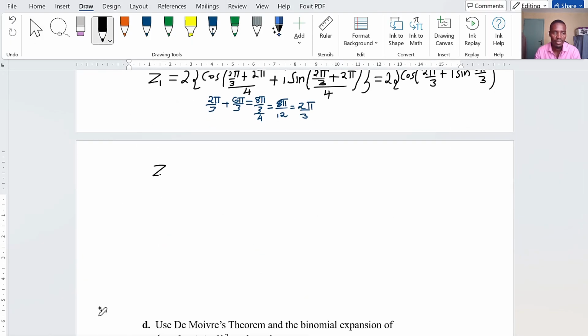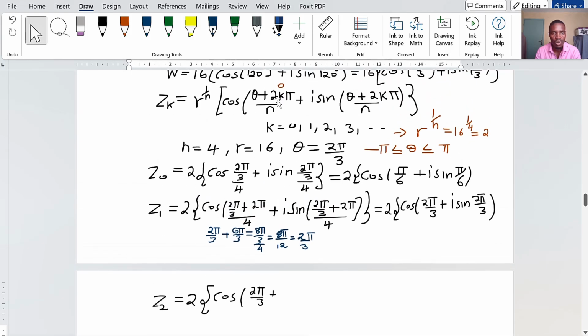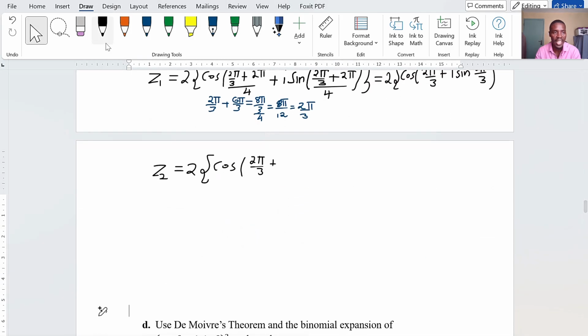So we go to Z2. Now Z2 will be 2, then we have cos. Our theta, which is 2 pi over 3 plus k, is now 2. So when you put 2 in k here, you have 2 times 2, 4, then you have 4 pi.